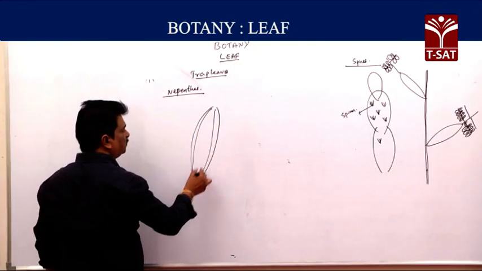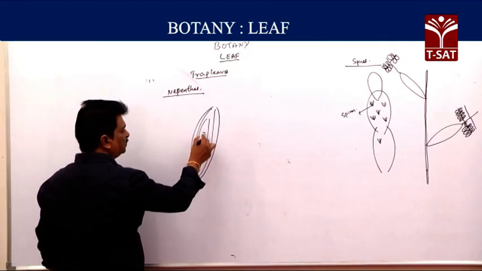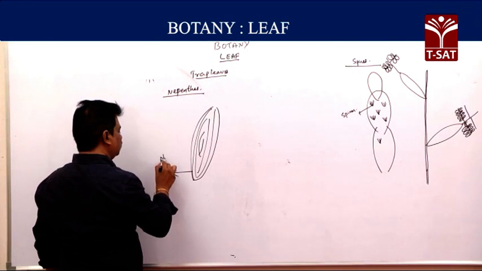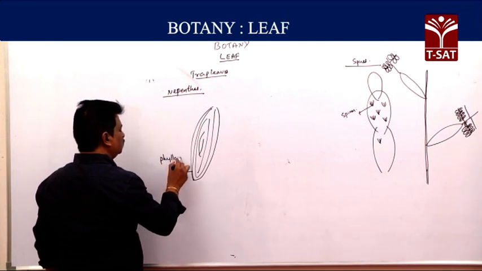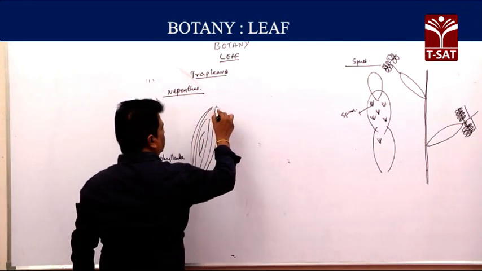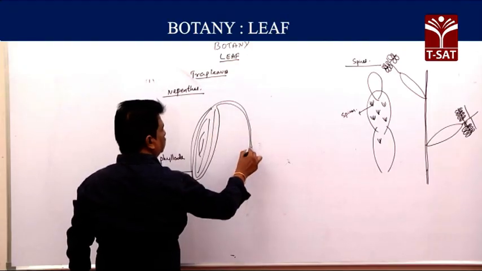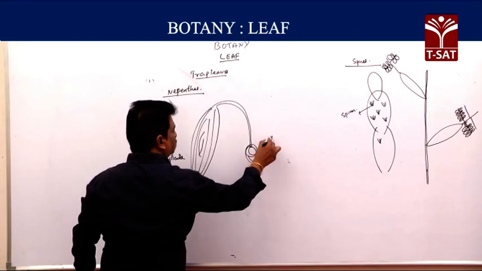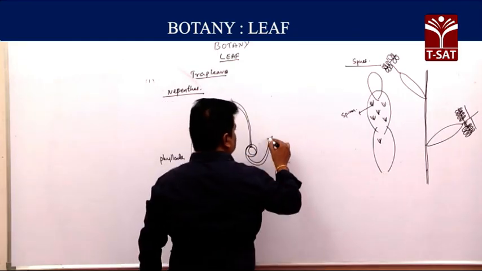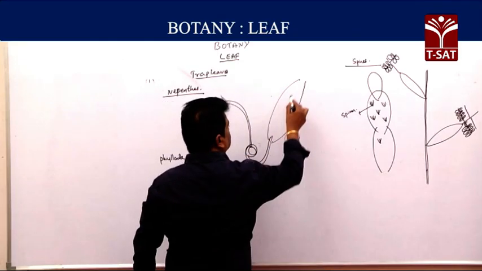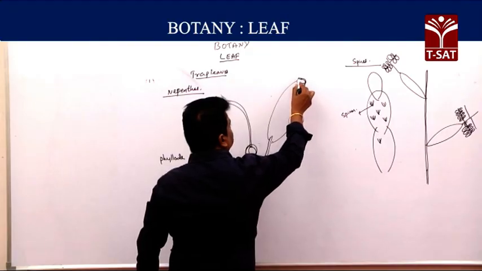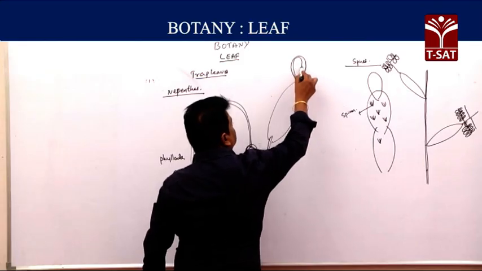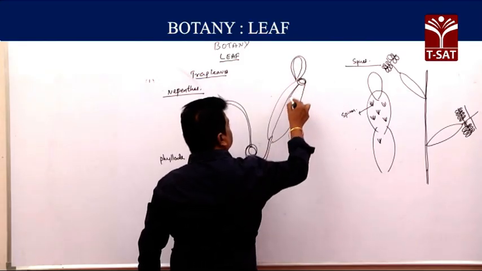Here the lower part of the leaf base is modified into phyllode. The upper part of the leaf base is modified into tendril. Then the leaf lamina is modified into pitcher, and the leaf apex is modified into lid.